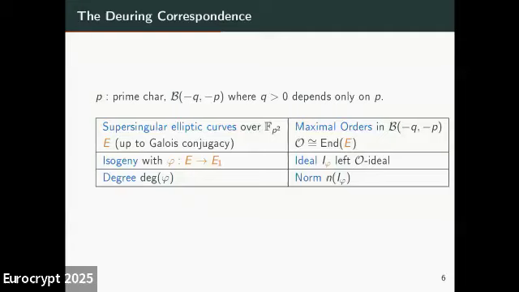Just know that there is this dictionary and you can go from one side to the other and everything is well defined. The only thing you need to remember essentially is that for isogenies, the equivalents are called ideals. And the nice thing is that, the quaternion algebra being a vector space, we have a lot of efficient operations in this quaternion world. So this is going to be used as a constructive tool.